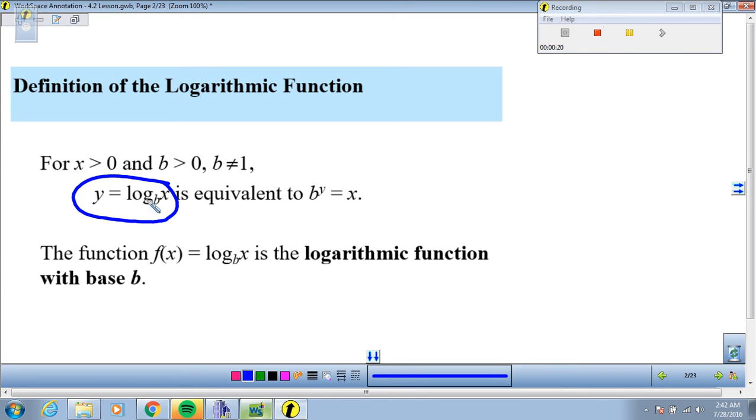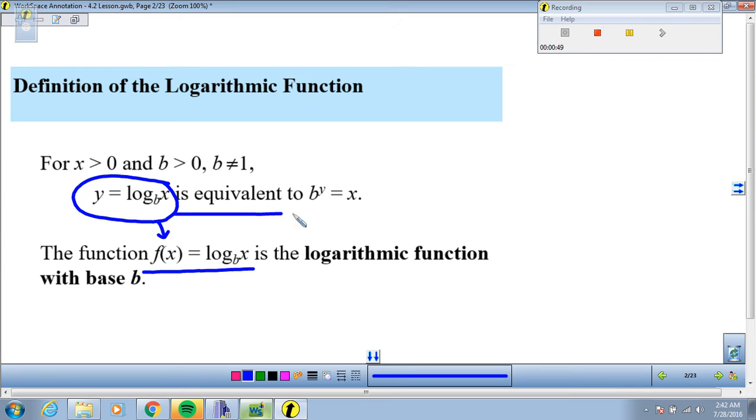Log is the abbreviation for the word logarithmic, or the logarithm. So here they're giving you how you read this, where y and f of x are the same thing. This function is the logarithmic function with base b.